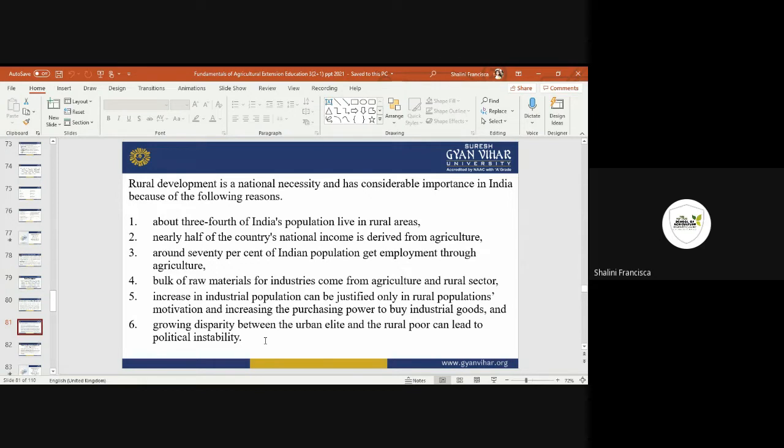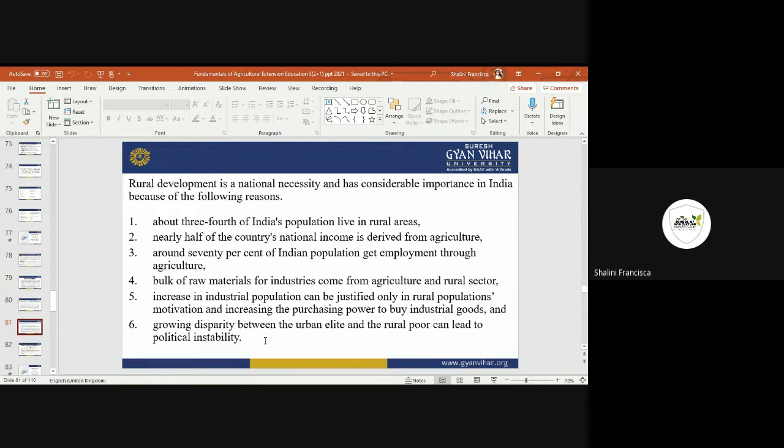Whatever the industry produces is very much with the help of the rural population, and they need to be motivated so that industry in the urban area can go on, and the people in the rural area also benefit from the products they buy.